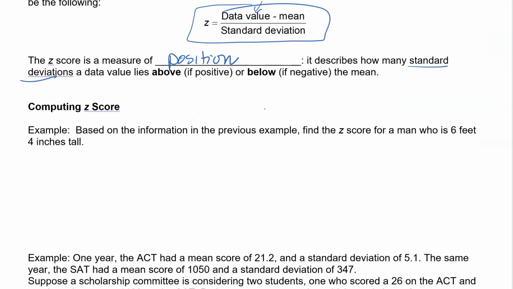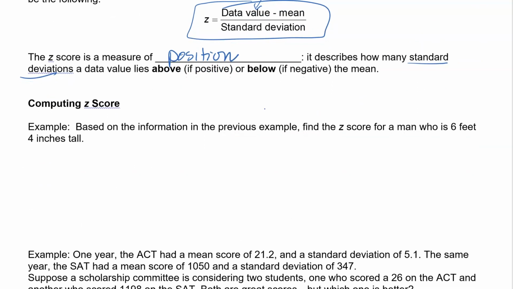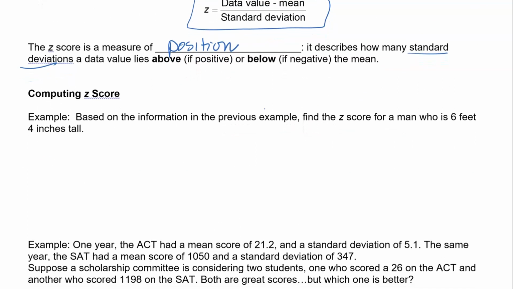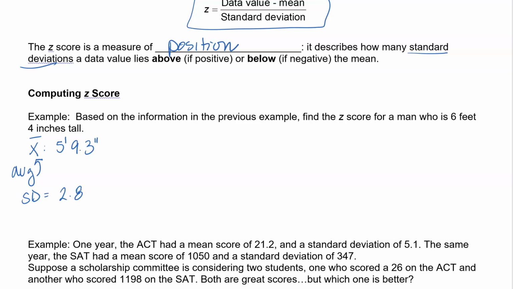Based on the information in the previous example, find a z-score for a man who is 6'4" tall. I'm just going to write down what we had before. Our average male height is 5'9.3" tall, and we were told our standard deviation is 2.8 inches.